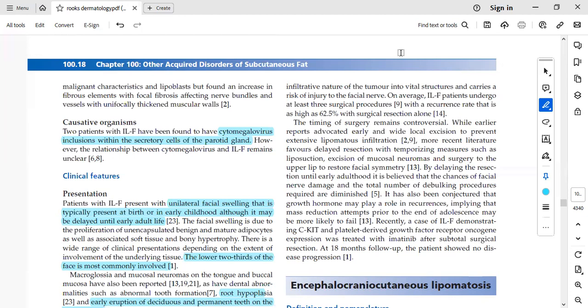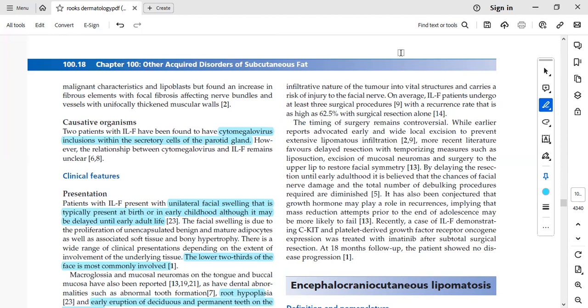By delaying the resection until early adulthood, it is believed that the chances of facial nerve damage and the total number of debulking procedures required are diminished. And it has also been conjectured that growth hormone may play a role in recurrences, implying that mass reduction attempts prior to the end of adolescence may be more likely to fail. So there are two hypotheses, early excision or late excision, which one is better?